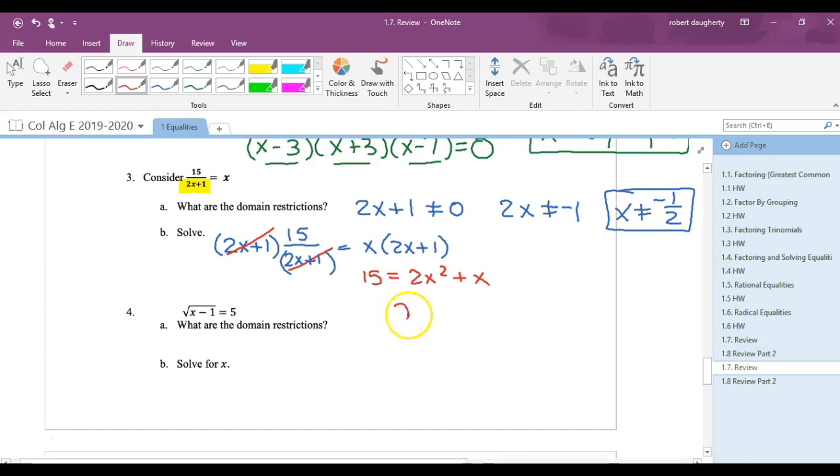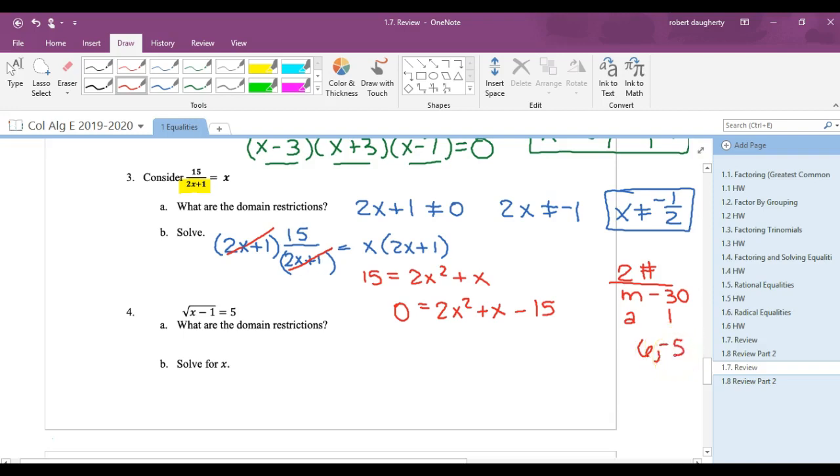So I can rewrite this as 0 equal 2x squared plus x minus 15. And now I am looking for 2 numbers that multiply to give you -30 and add to give you 1. Numbers that multiply to 30 and add to 1, that looks like a 6 and a -5.